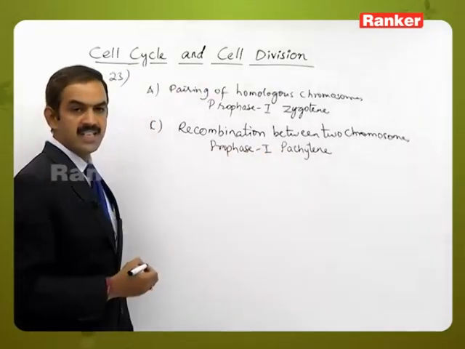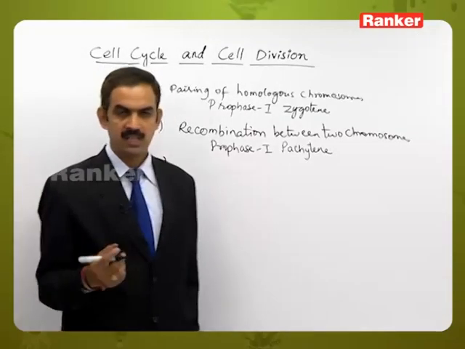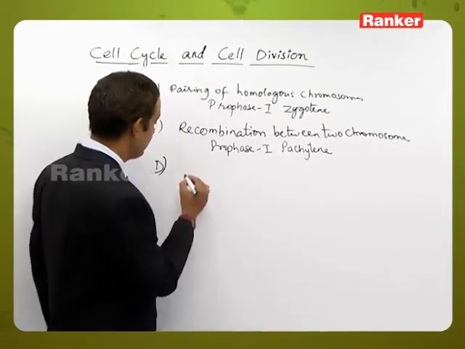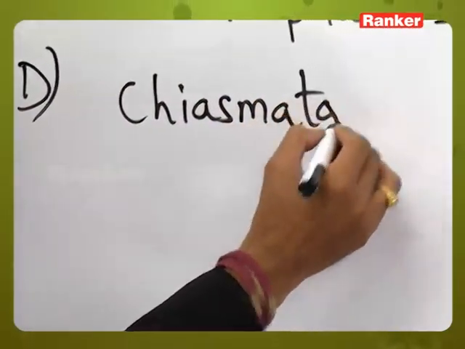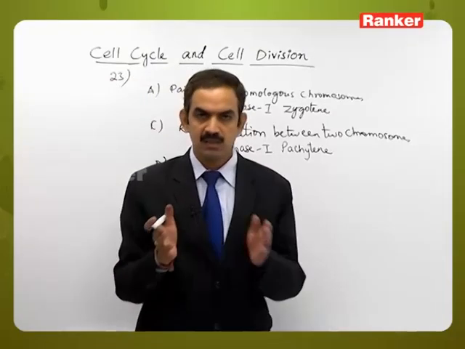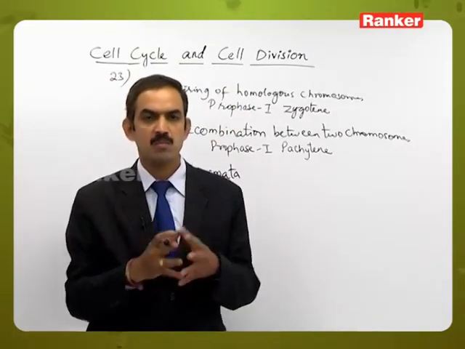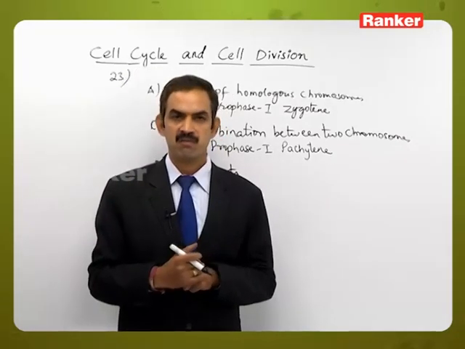Then the next one will be the chiasmata. That is after the recombination. What happens? The chiasmata will be clearly seen during the next stage, that is during the diakinesis stage, where the attraction between the chromosomes will gradually decrease and repulsion will increase.